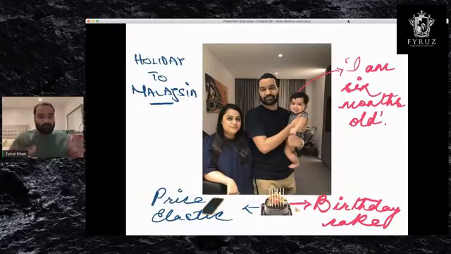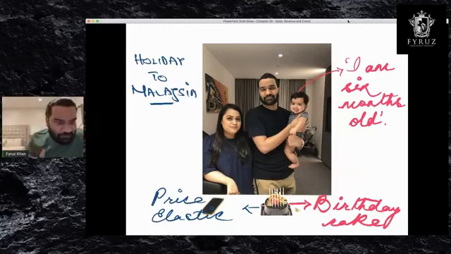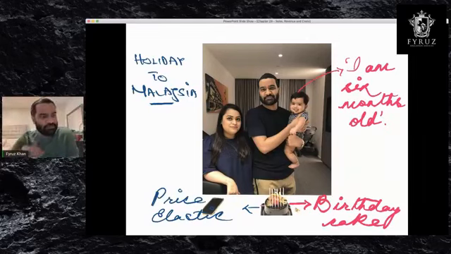Oh, this is a picture of my family. I think we took this picture in Malaysia. So that's my daughter, Sarafina, and that's my beautiful wife, Nabila. And we went on a holiday to Malaysia, and Sarafina had just turned 6 months, and my sister used to live in Malaysia, and she said, since Sarafina turned 6 months, why not we cut a cake?